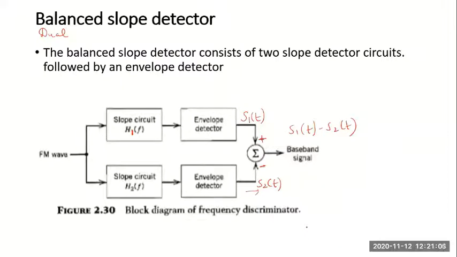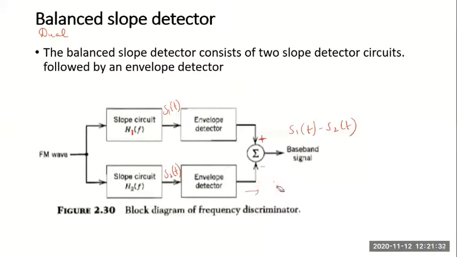Okay. So we essentially give the FM input to upper and lower slope circuits which have responses H1 of f, H2 of f, and the output here should be S1 of t, this should be S2 of t, and here what we are getting, what did we call this?